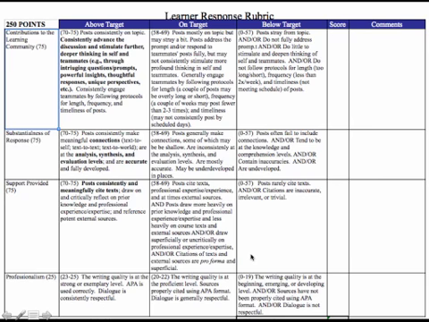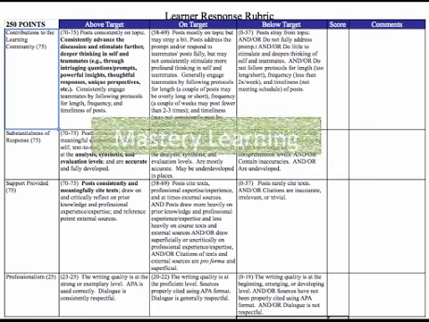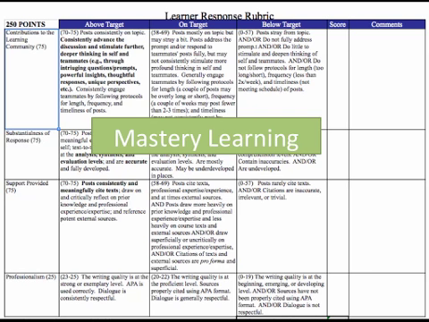Now, keep in mind that the learner responses are being graded under a mastery learning approach. That means that I'm not averaging all of the learner response scores throughout the entire course. Instead, I'm looking at growth in the quality of learner responses over time.